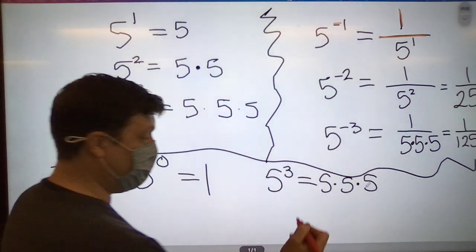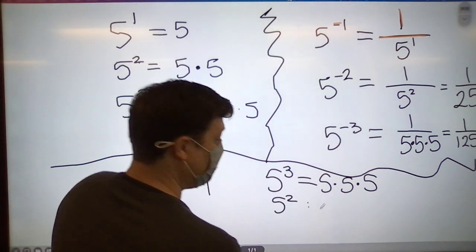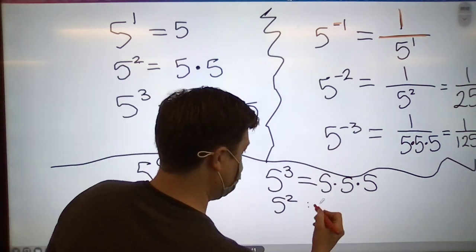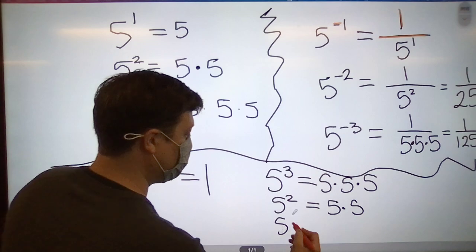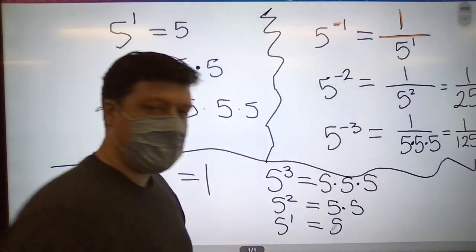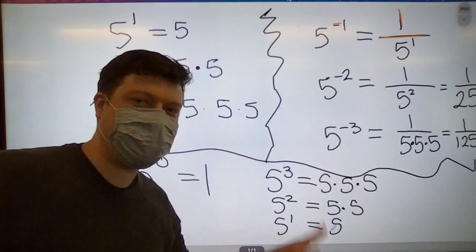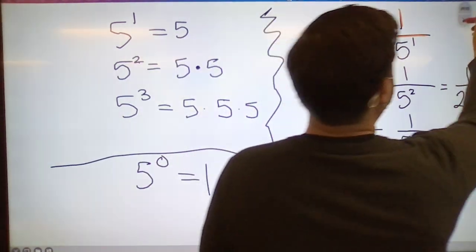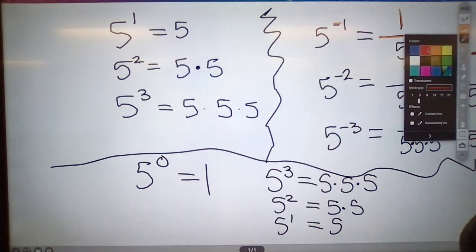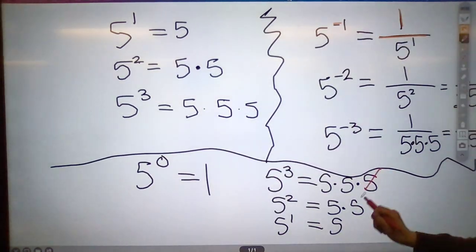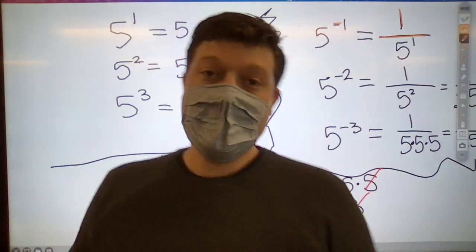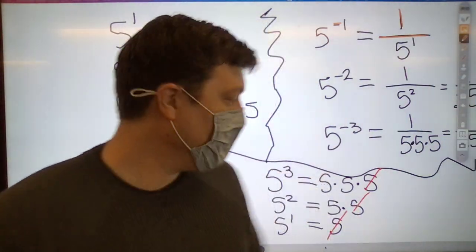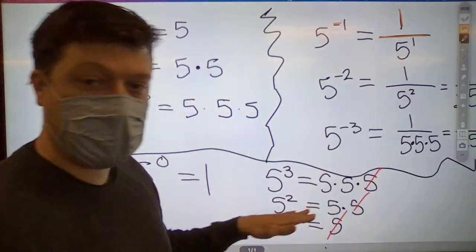Then 5 squared must be 2 5s. 5 to the first must be 1 5 every single time. Somehow we are saying, take one away, take one away, take one away. But that takeaway process is really a division process. We're dividing by 5 every time we go down.